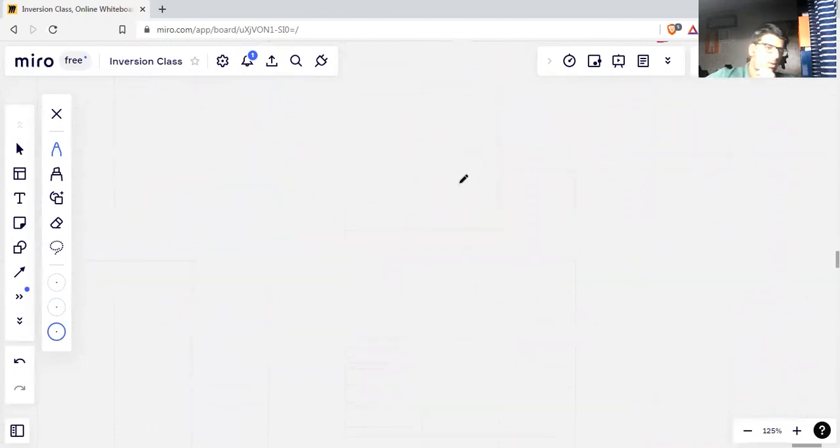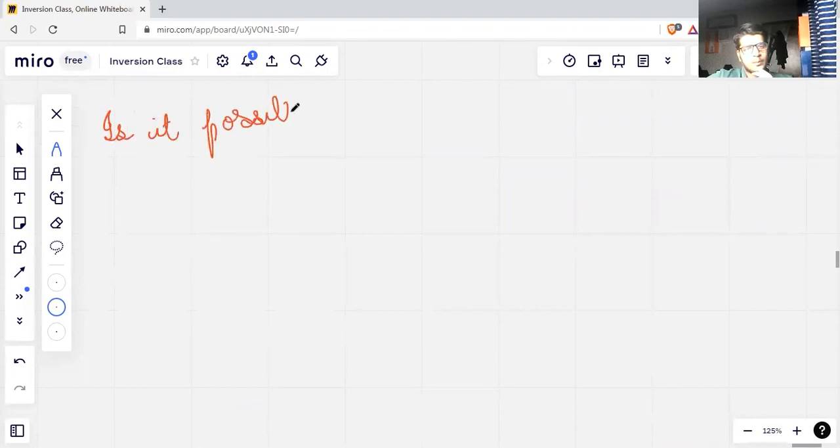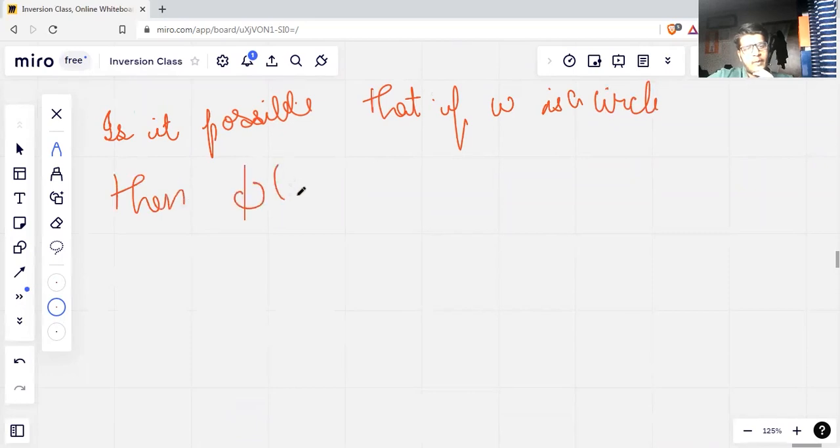Now, is it possible that if omega is a circle, then phi of omega, where phi is an inversion about some random circle, is equal to omega?